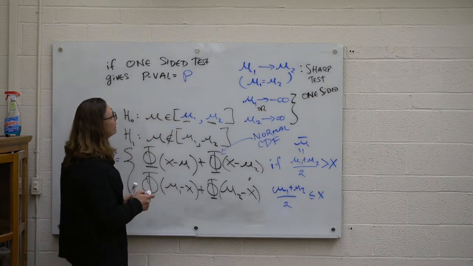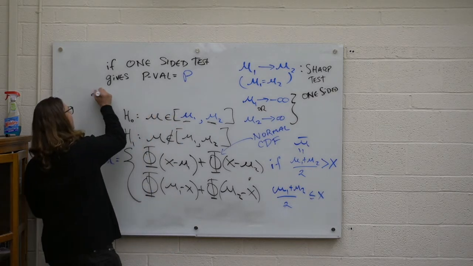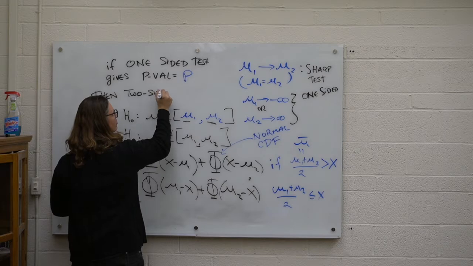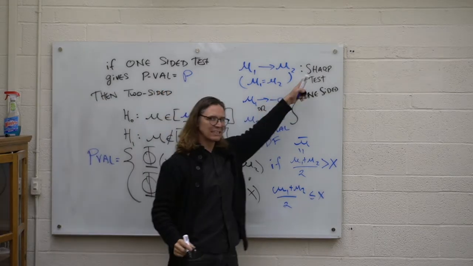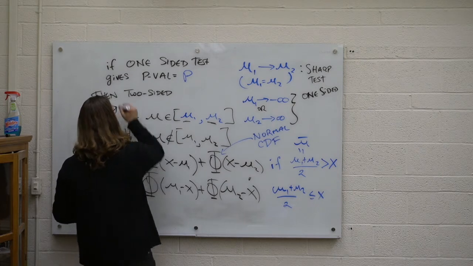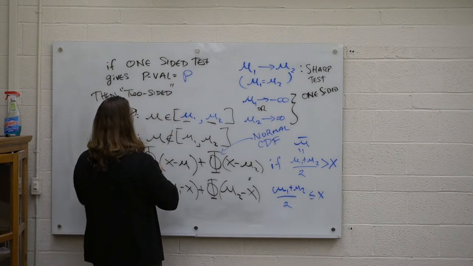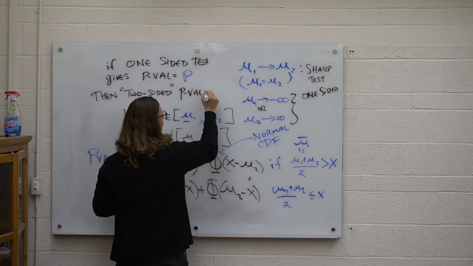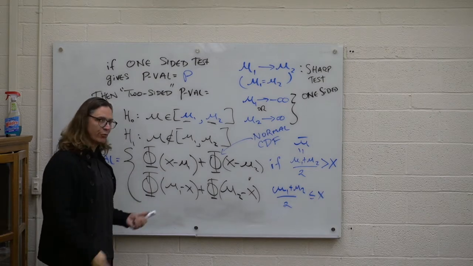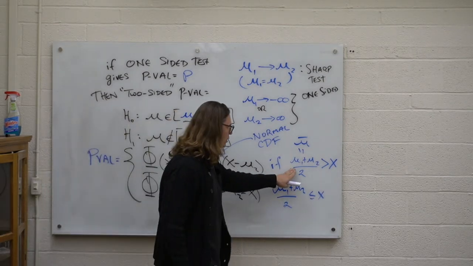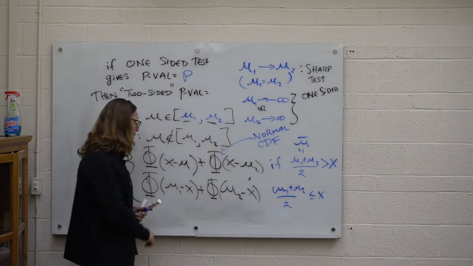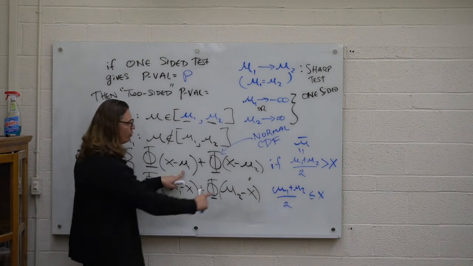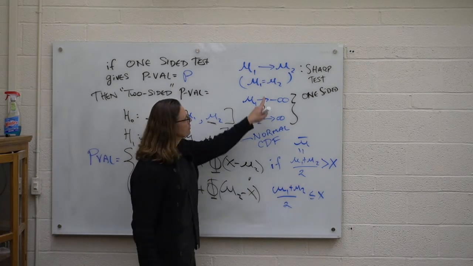However, if I were doing the two-sided test, i.e. the sharp test, and that's what I usually like to call it, the two-sided test, its p-value would be equal to, and if I look at this formula, let's say we're looking at this case where this is greater than that, then mu1 and mu2 would be exactly the same values right there.